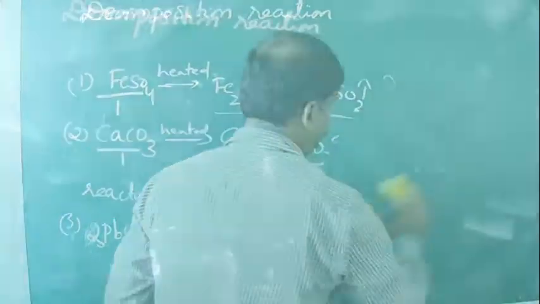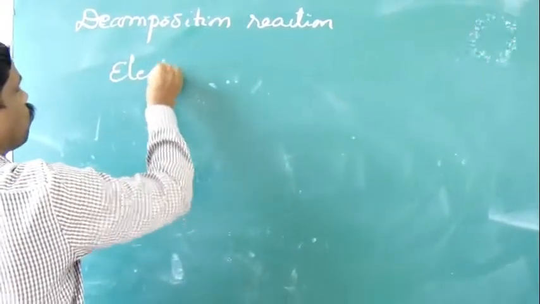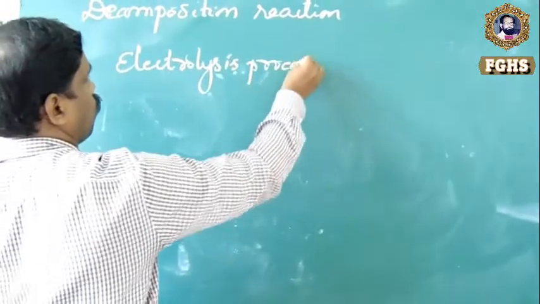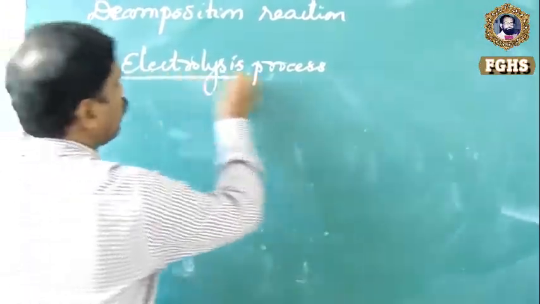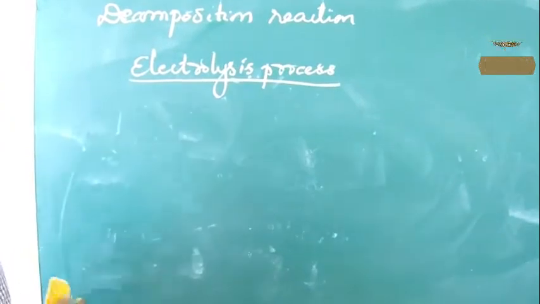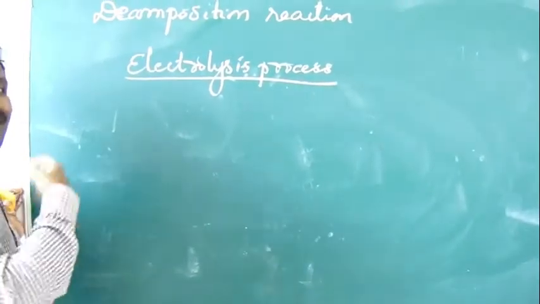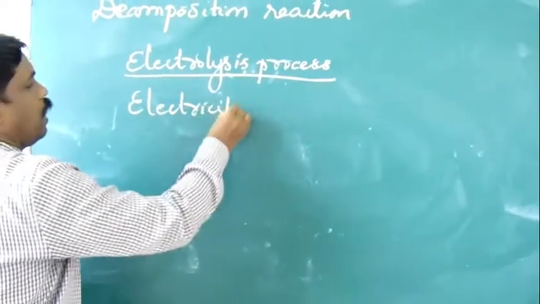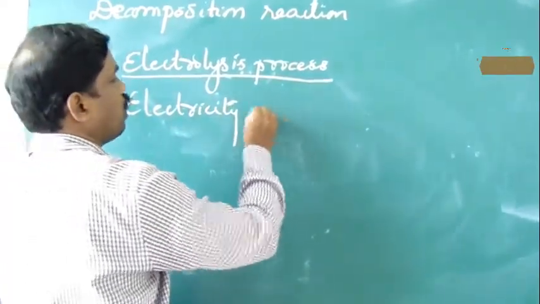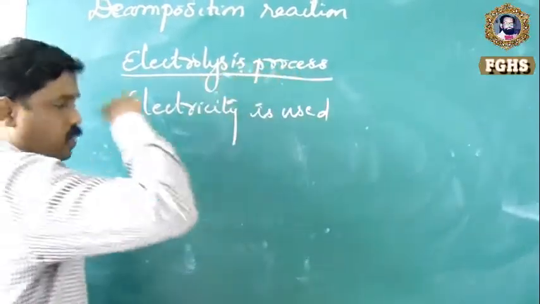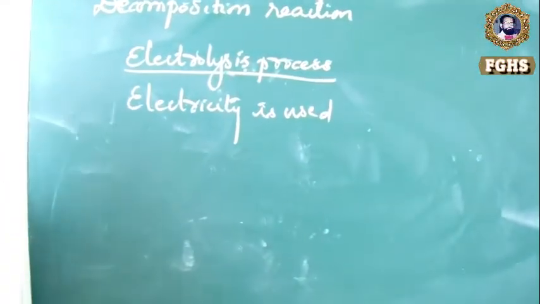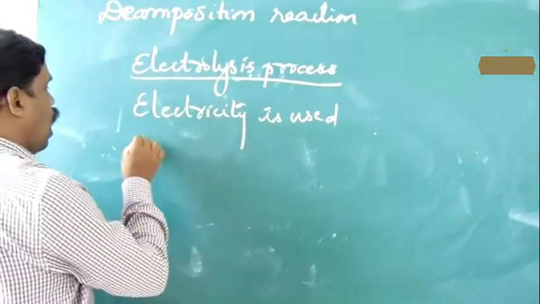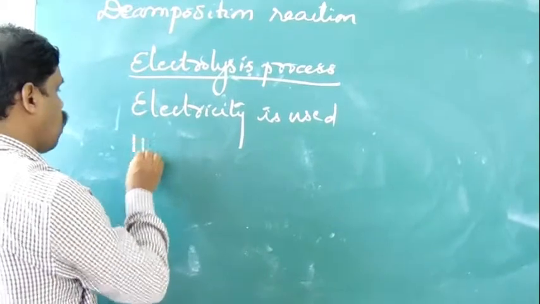Then what about electrolysis process? In this process, to decompose the reactant, electricity is used. Let me give the example of decomposition of water. How does the decomposition of water take place?